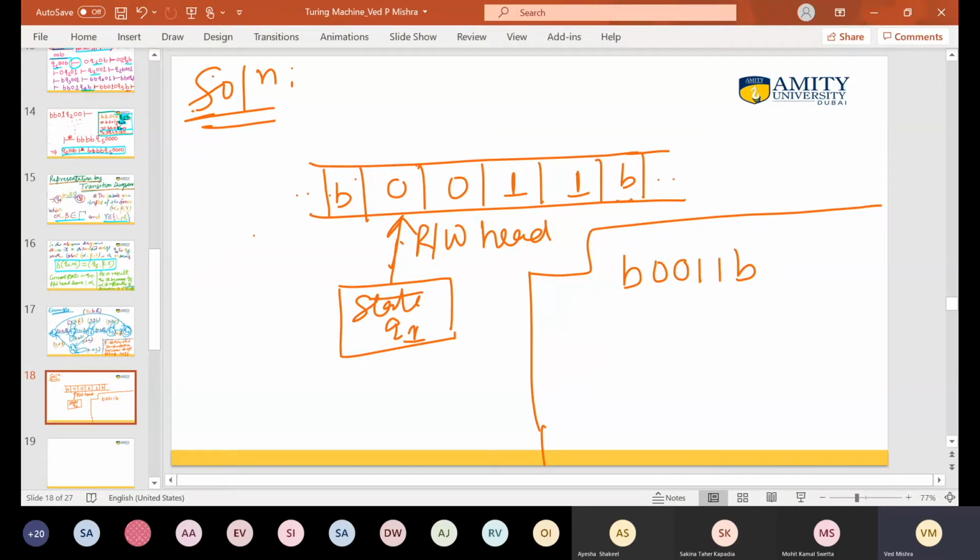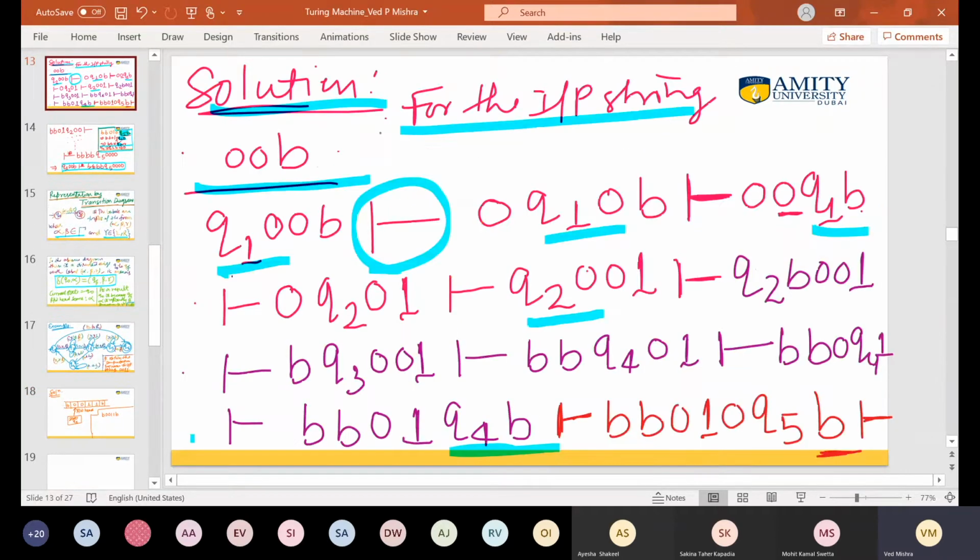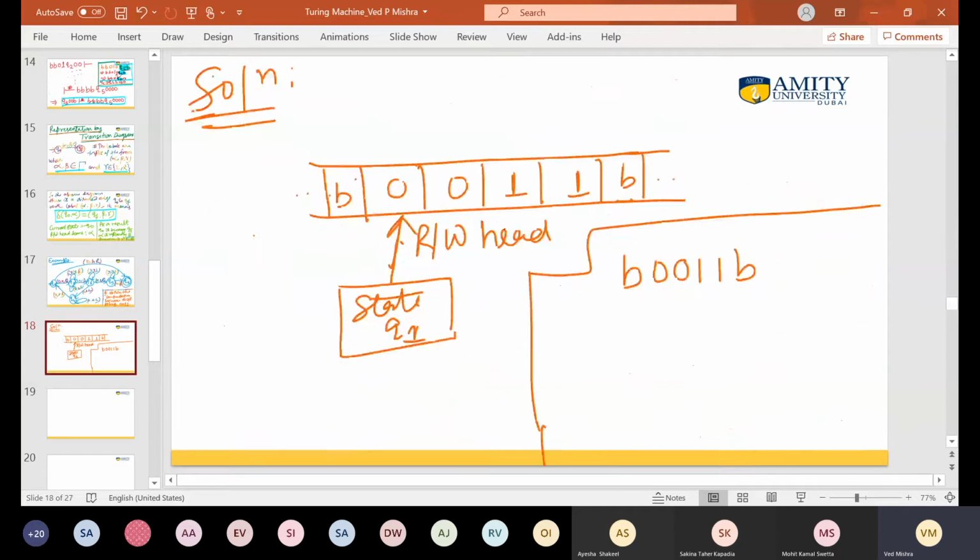Yesterday we wrote in this format when we used the transition table. When you use the transition diagram, it will be easier. Currently your read write head will be at the 0th position, and what is the state you are in? Q1, isn't it?